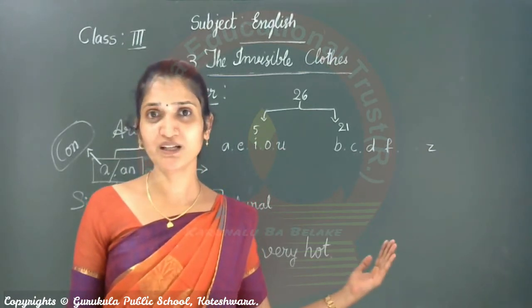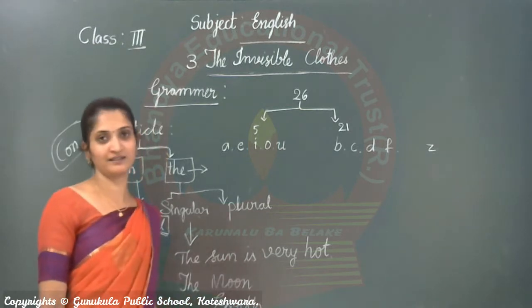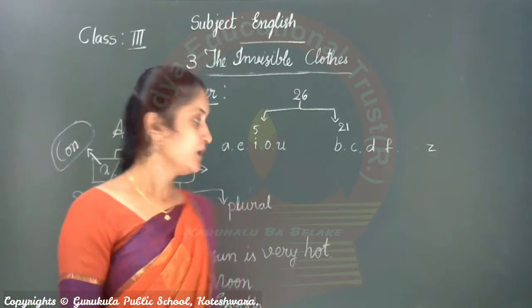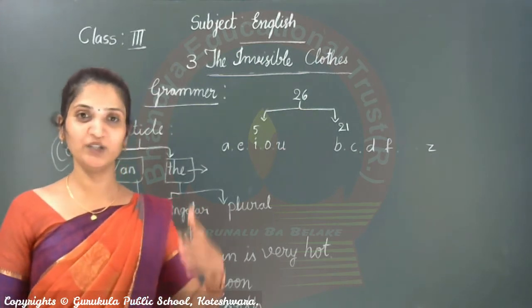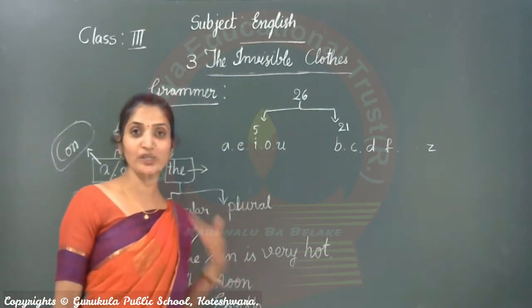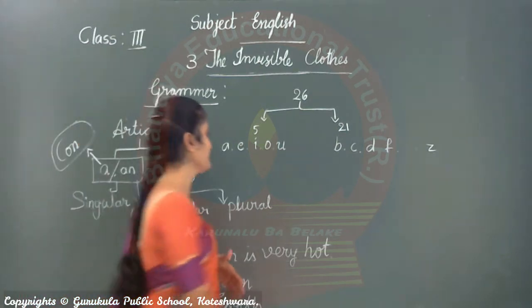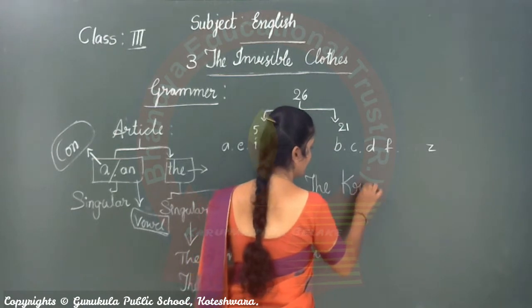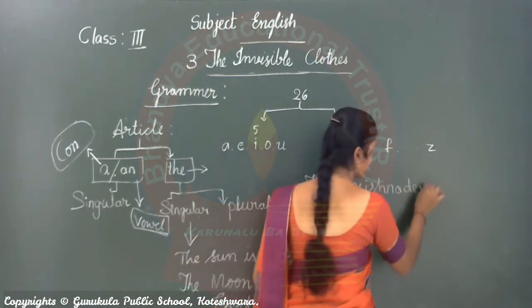Is there more than one? We can write the earth, that is the unique part. If it is a person like a king, you learned in this lesson, right? Who is that king? Krishna Devaraya. What can we say? The Krishna Devaraya.